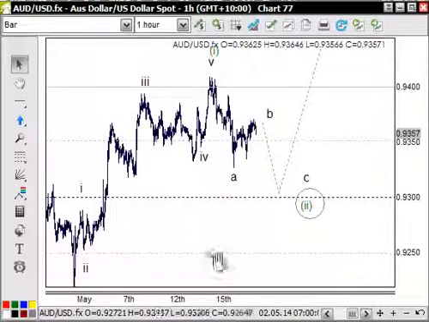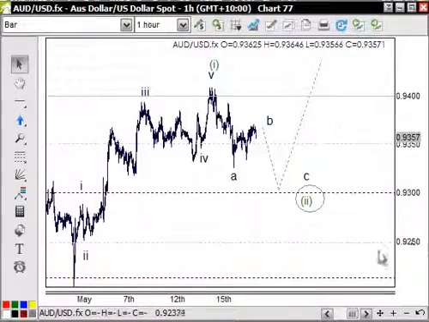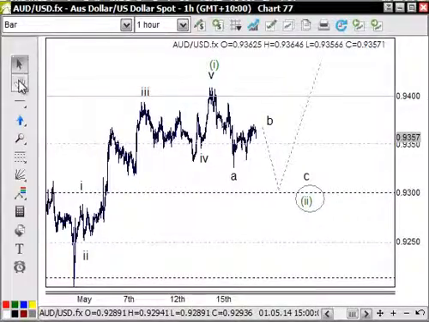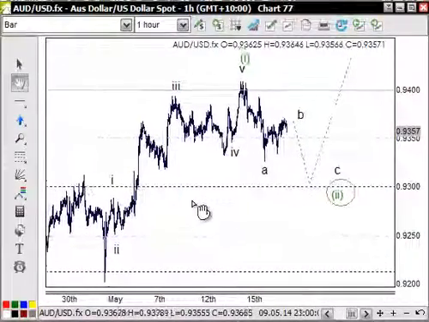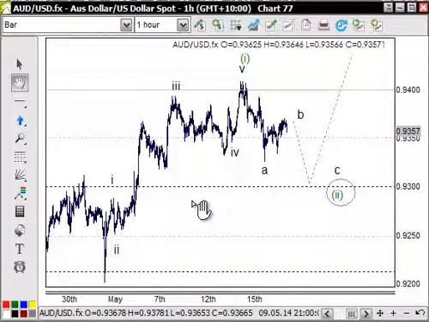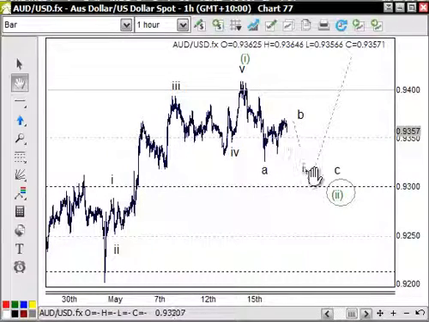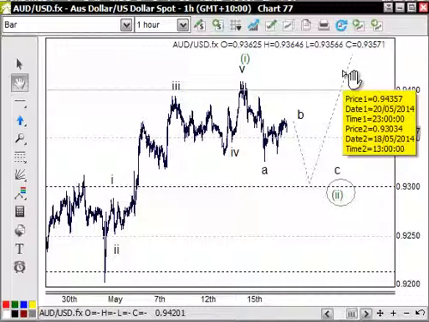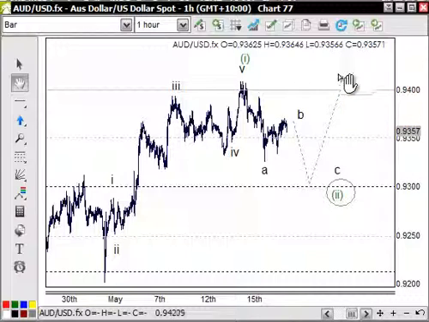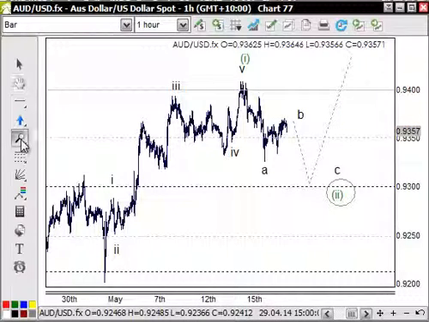The Australian US dollar here, there are a couple of ways to view this, but either way it's still to the upside, just waiting for this correction to unfold in terms of the A wave, the B wave we're looking for, and the C wave down through to here, and then we'll look for further upside from that move. There's nothing really to do or say.